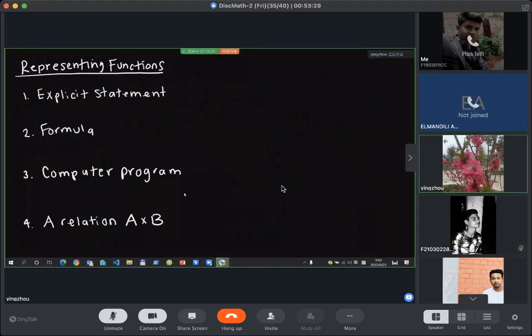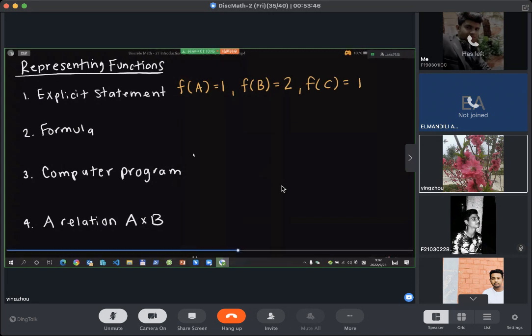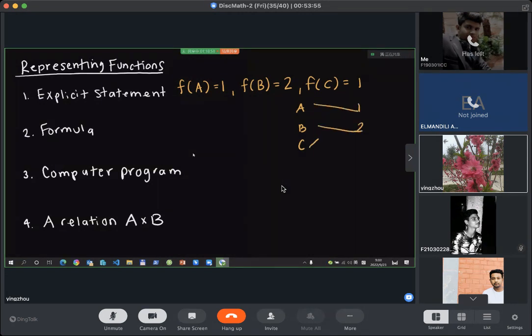One way to describe a function is an explicit statement. An explicit statement just means that we are told exactly which elements map to exactly which other elements in the codomain. So this would be an explicit statement telling me that A maps to 1, B maps to 2, and C maps to 1.